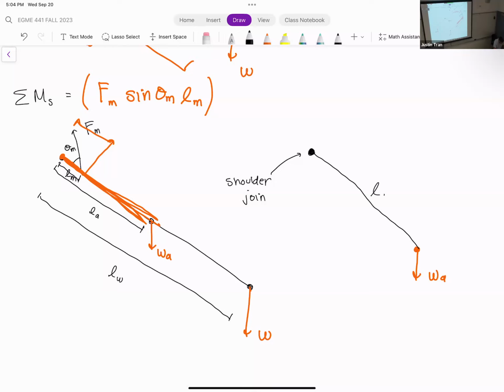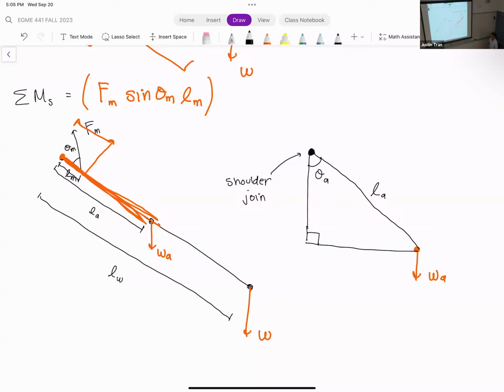So we know that this length here is LA. Okay. If we draw a triangle like this, right? We know what this angle is. This is the armpit angle. So this is theta A right here.